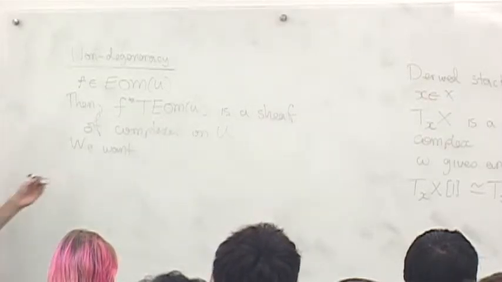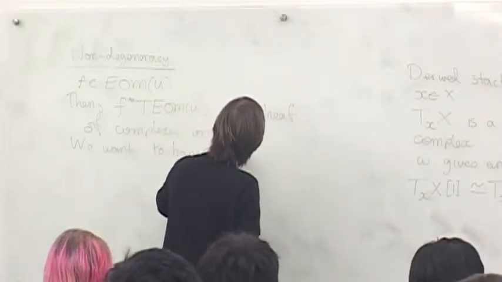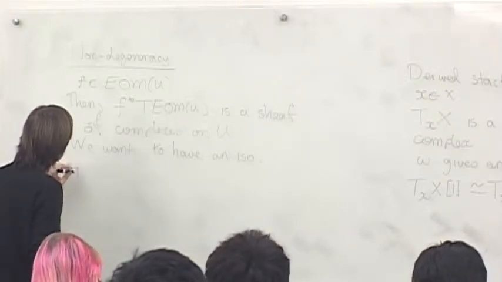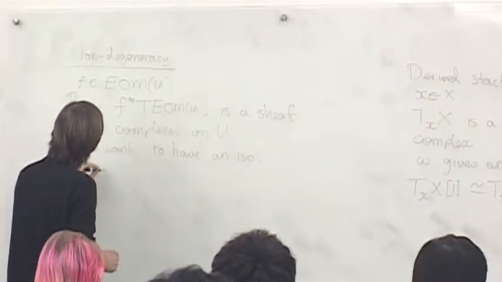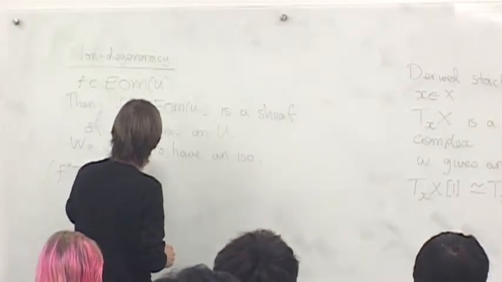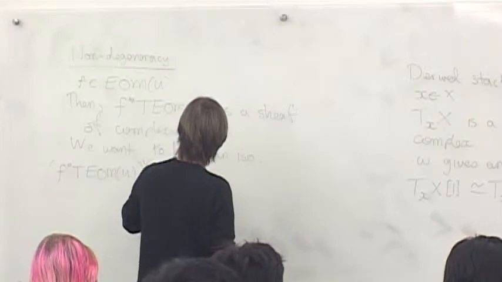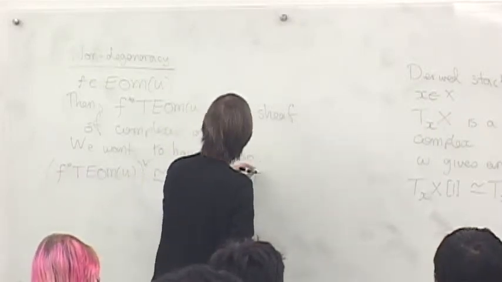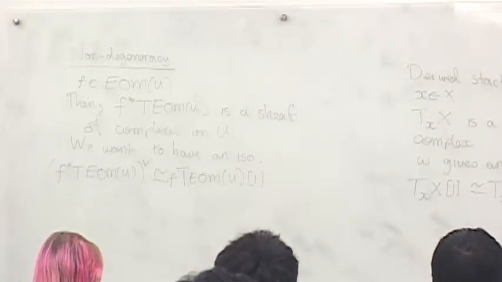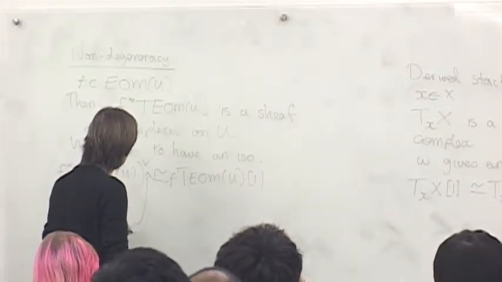What we want is an isomorphism from this sheaf to its dual. But now you might ask, the dual of a sheaf is not a sheaf, so what do we really mean by dual? What goes on here? This is the Verdier dual.